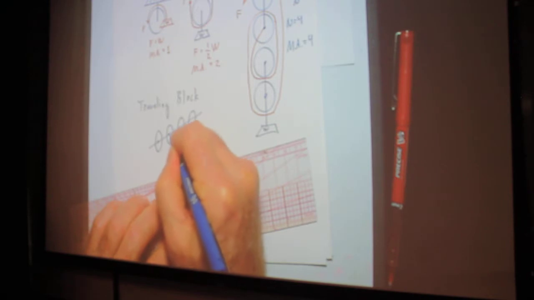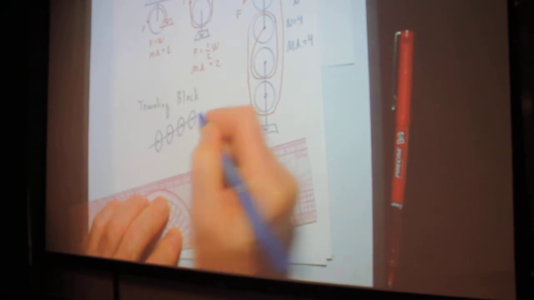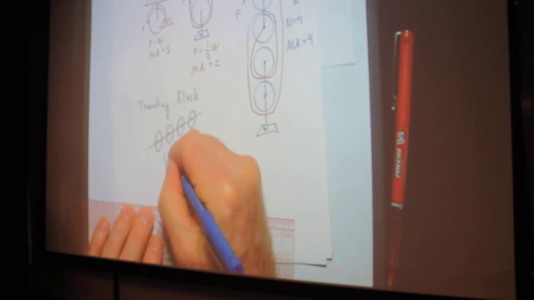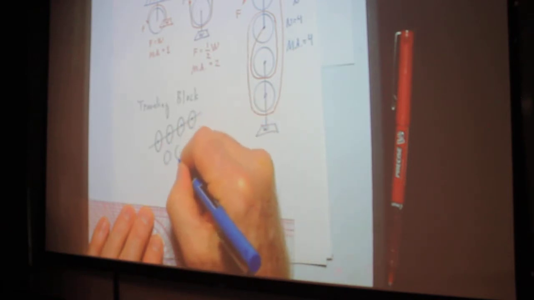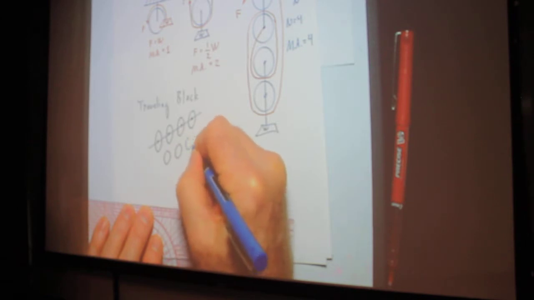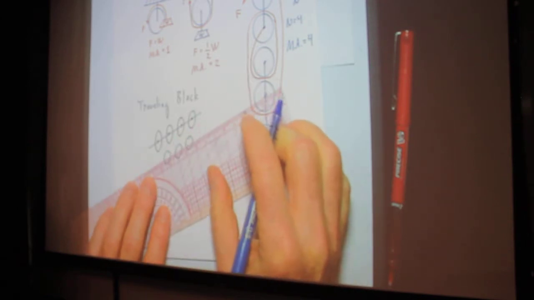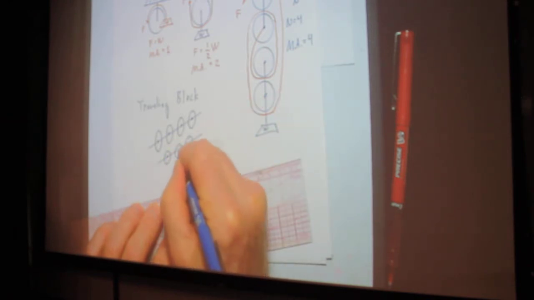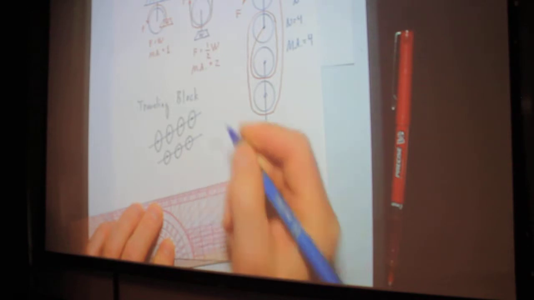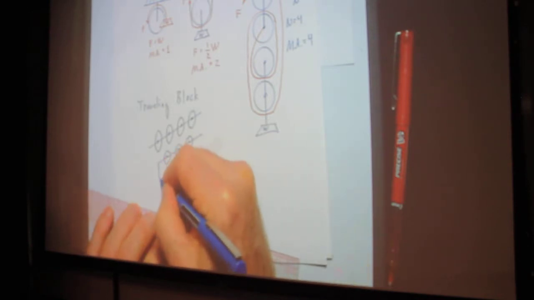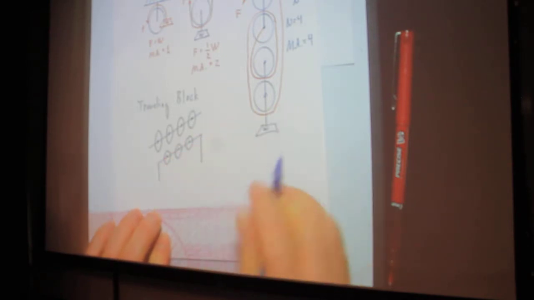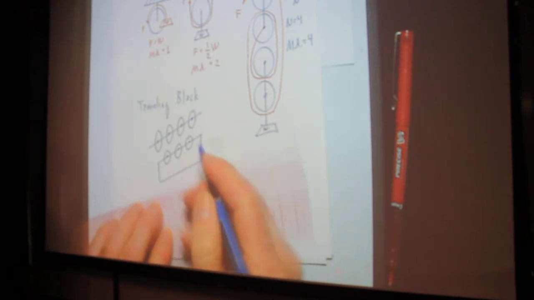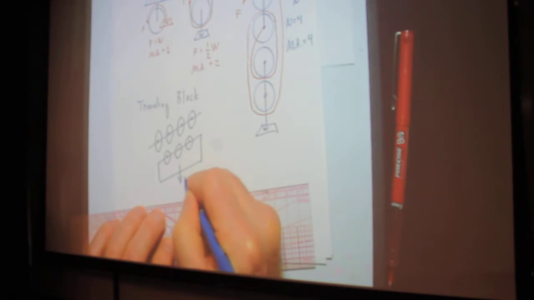So you have all these pulleys connected by a single shaft, and below it you have another set of pulleys that are connected by a single shaft. And the weight is coming off of this one here. This is your weight.